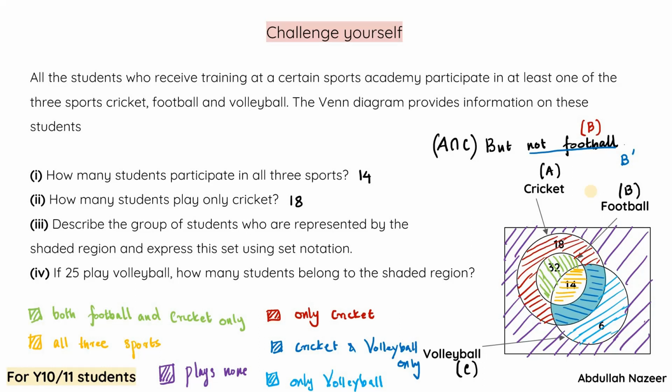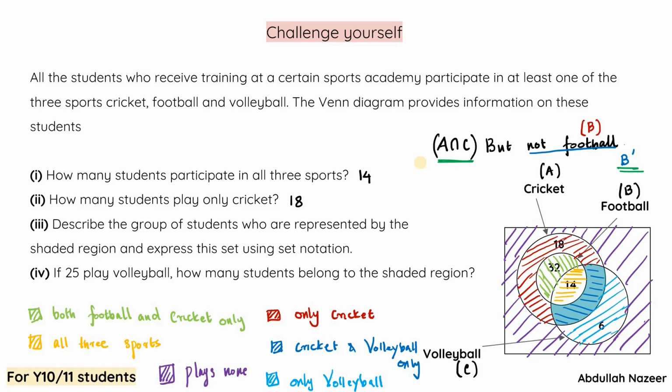So the way you would say that in a set notation is that you would say I need the students who belong to A intersection C and the students who belong to B complement, because the students who belong to A intersection C will be playing both cricket and volleyball, and the students who belong to B complement will not be playing football. So if I find the students who are common for both of these sets, then I have the number of students who would play cricket and volleyball but not football.